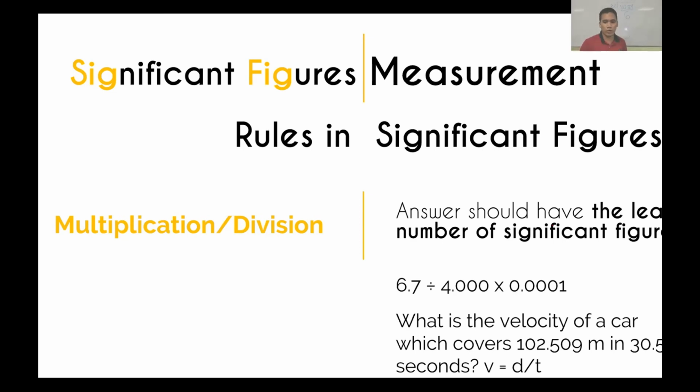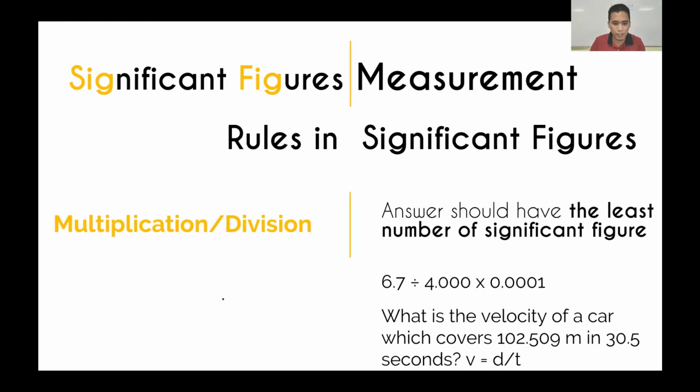So therefore, we will follow the least number of significant figures, which is 3, and the final answer is 3.36 meters per second. So that is the final answer, and that is the rule for significant figures.